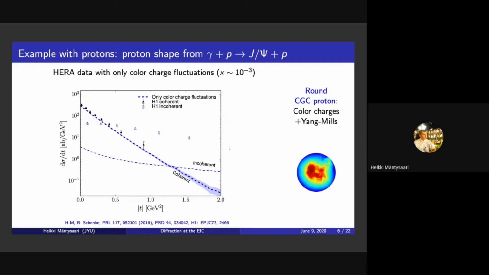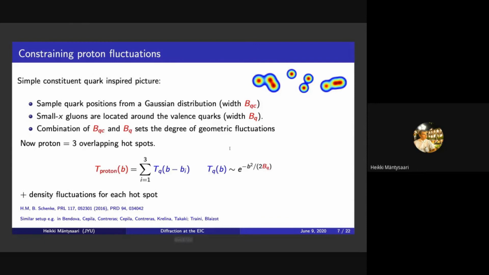So then our idea with Björn was to say, okay, but what if the proton has some spatial density fluctuations? Of course, the first idea that you get is, what if the proton consists of 3 hotspots? You can think that you have, say, valence quarks that radiate small-x gluons. You can also play with different geometries, but I'm not going into that.